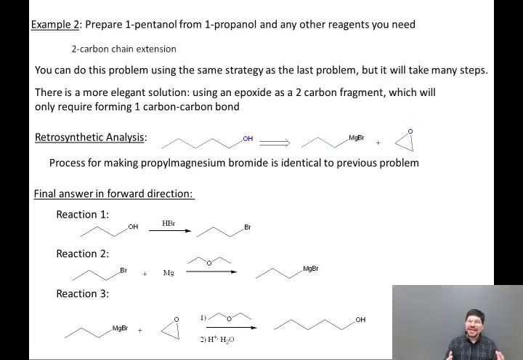The idea of synthesis can be applied to much, much, much more complex molecules. There are people who spend 5 years in graduate school getting a PhD working towards the synthesis of one complex molecule. There are chemists in the pharmaceutical industry that spend years and years making molecules looking for active drugs.